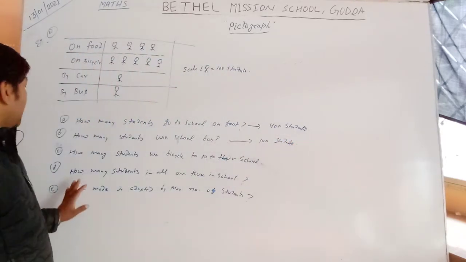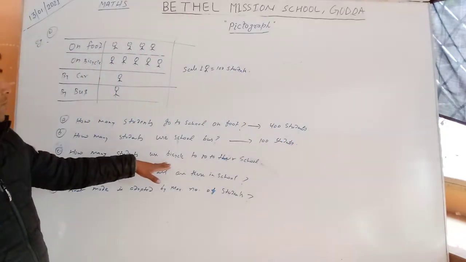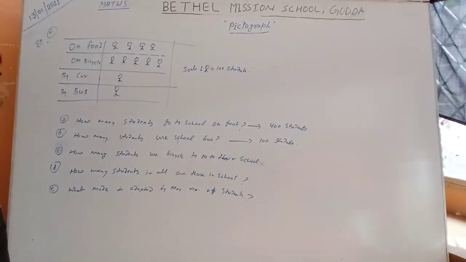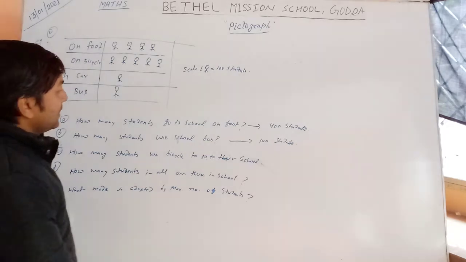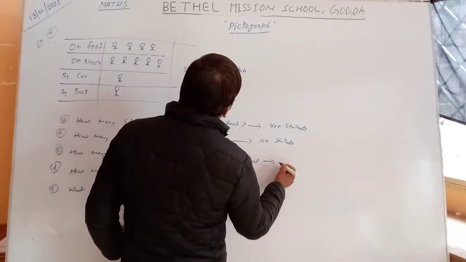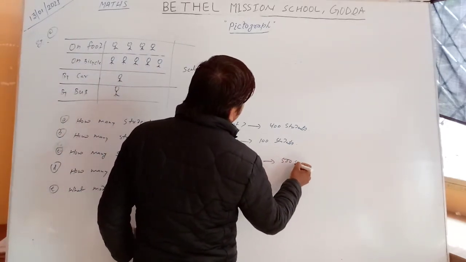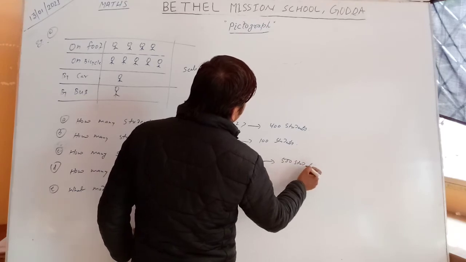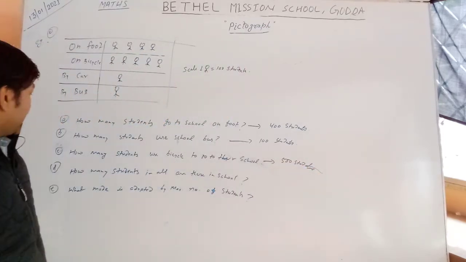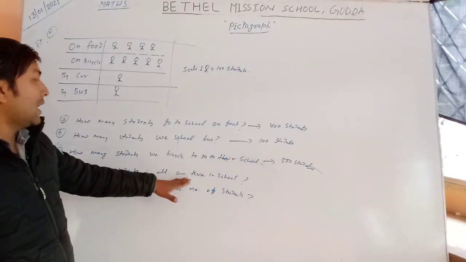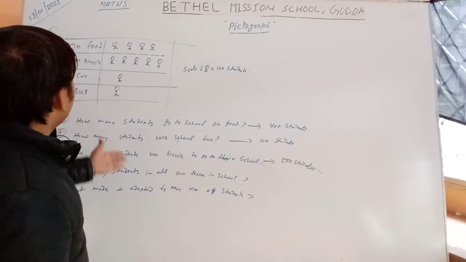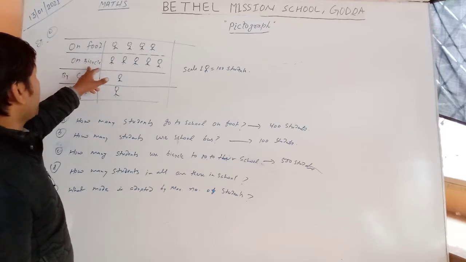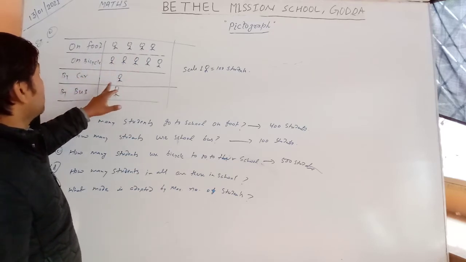Okay, and part C, how many students use a bicycle to go to school? On bicycle, 5 pictures have been given. So that is 500 students. Okay, and part D, how many students in all are there in the school? On foot this, on bicycle this, on car and bus.